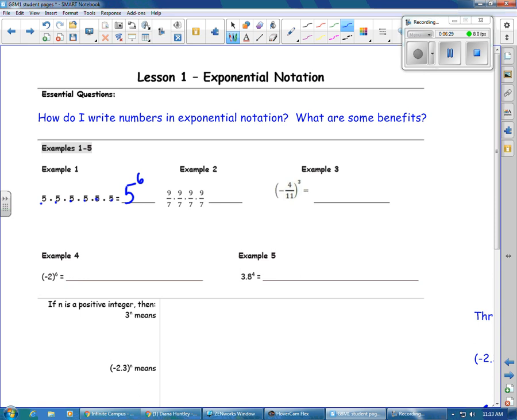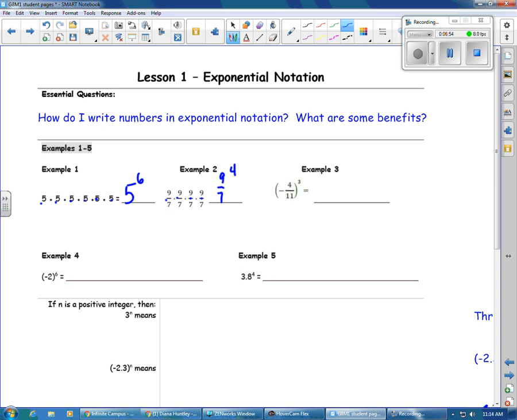In example 2, we have 9 sevenths being multiplied by itself. 9 sevenths times 9 sevenths times 9 sevenths times 9 sevenths. So we're going to write 9 sevenths. It's being multiplied by itself 1, 2, 3, 4 times. But if I write it like that, I don't know if the 4 is being applied to the 9 or the 7 or both.